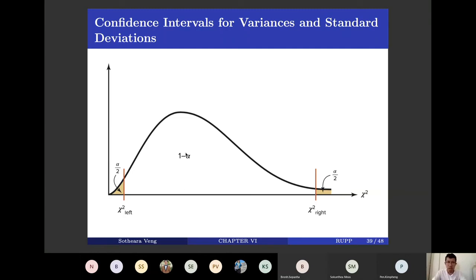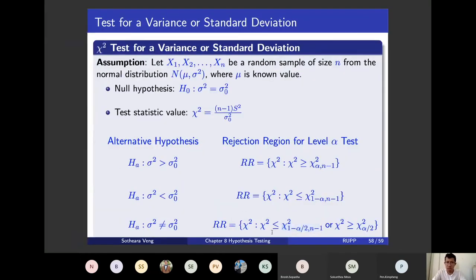The area on the right is 1 minus alpha, but when you add this, you have 1 minus alpha over 2. That's why here it is chi-square 1 minus alpha over 2, and you have to specify the same degree of freedom.